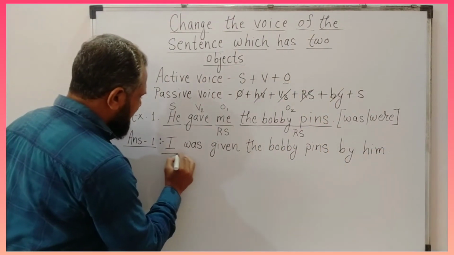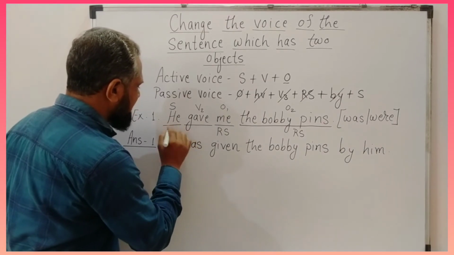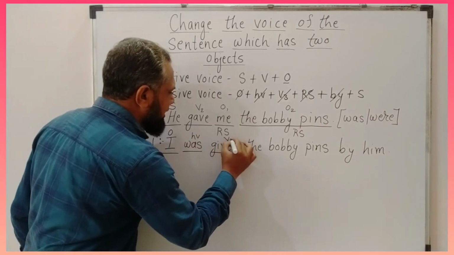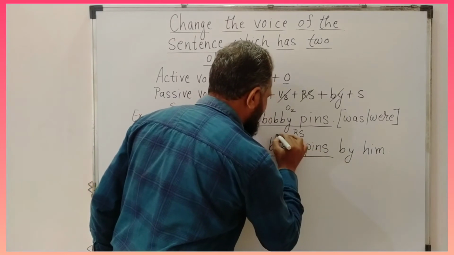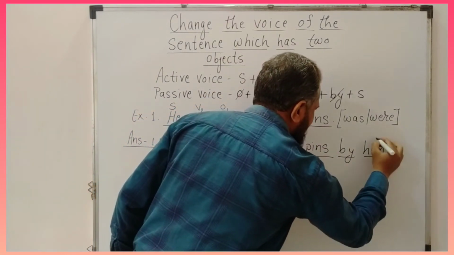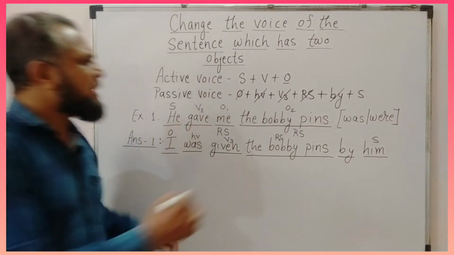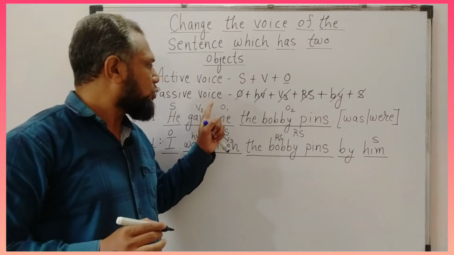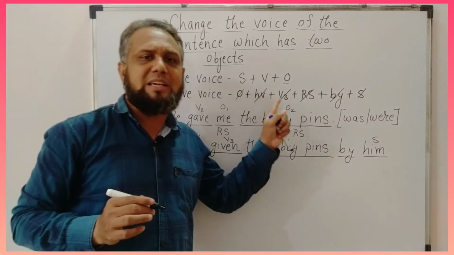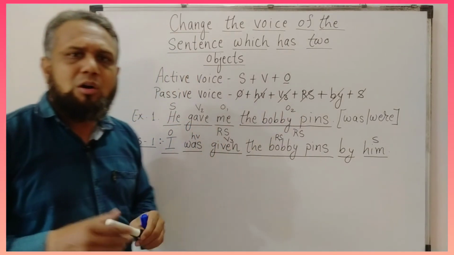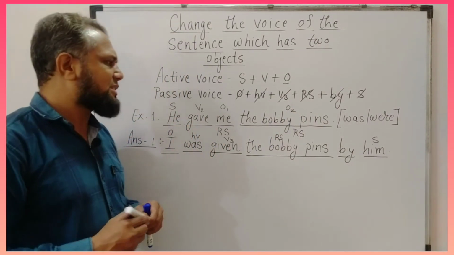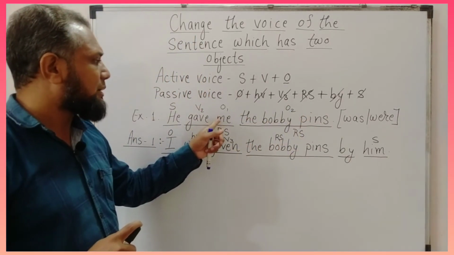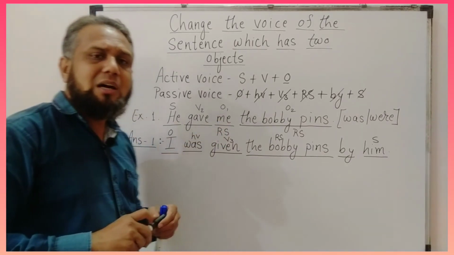Now in this sentence, I is the object, was is the helping verb, given is V3, the bobby pins is the remaining sentence, then by, and him is the subject. So we have used this formula, but we have to consider one object as object and the second object as the remaining sentence.